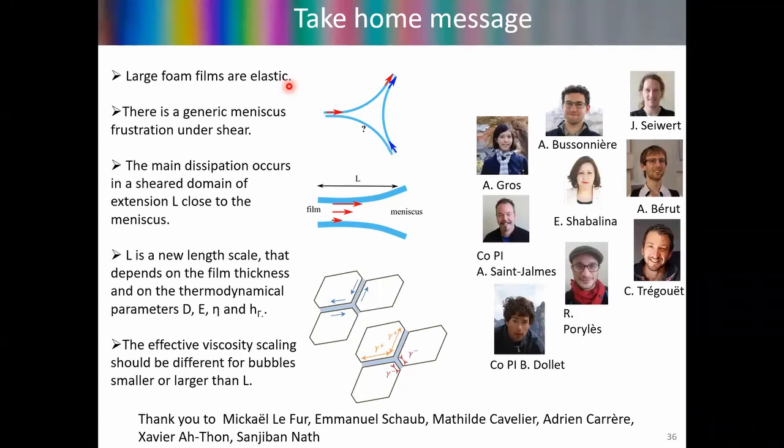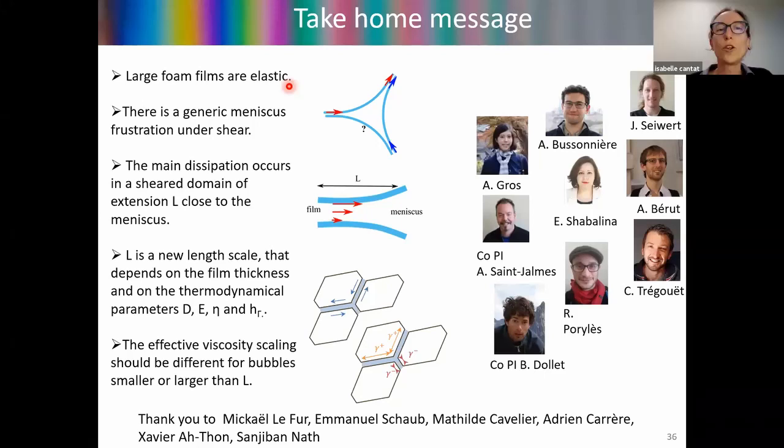Just, it might be a stupid question, but you didn't talk about the curvature around the meniscus. Is it just negligible? You mean the curvature along this line? Yep. Yeah, so it's not negligible at all in the story because it controls the Laplace pressure here.